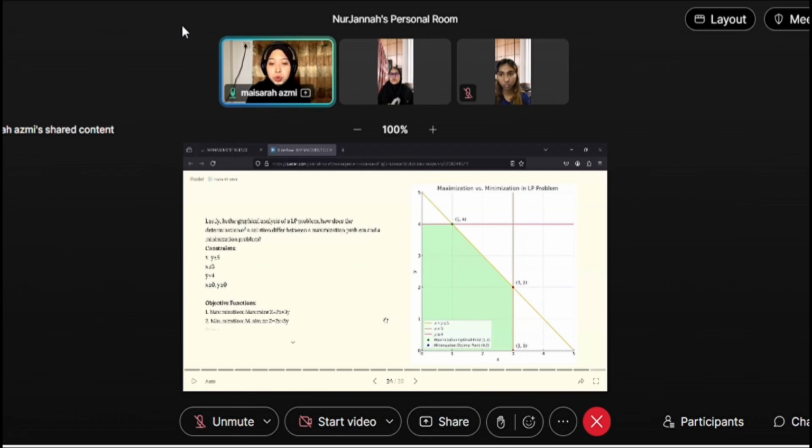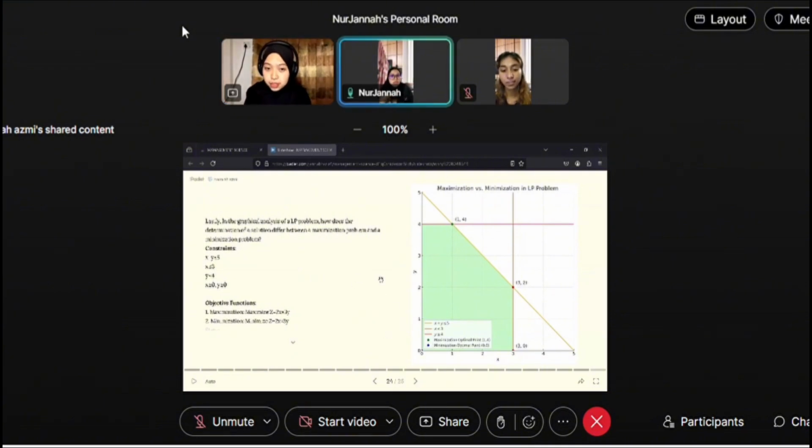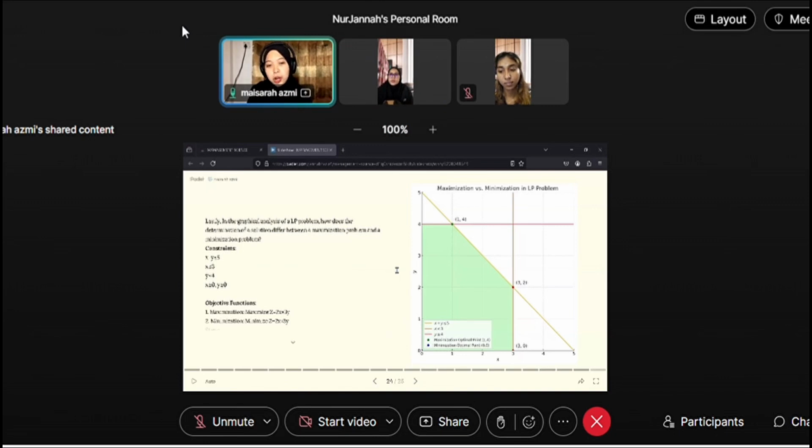We'll go through this by plotting the constraints, identifying the feasible region, determining the corner points, and then evaluating the objective function at each corner point. Sounds good. So, how do we start? Okay, step 1 is to plot the constraints. Each of these inequalities will form a line on the graph.